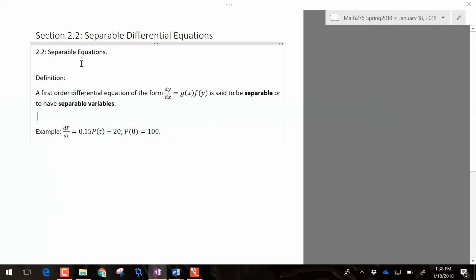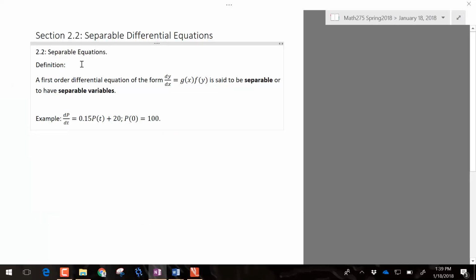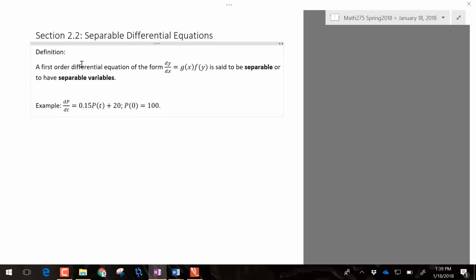And we'll get to take a look at those equations that we were looking at earlier, or have something similar to that. So a first order differential equation is said to be separable if somehow you can separate the x's and the y's as different factors.